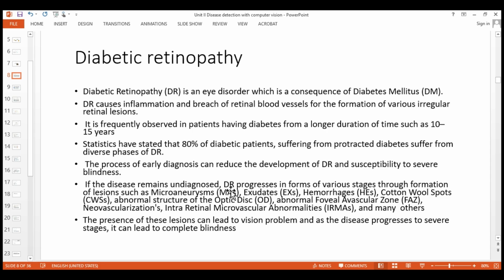Early diagnosis can reduce the development of DR and susceptibility to severe blindness. This is why we are placing more importance on diabetic retinopathy. The earlier it is detected, the better we can treat it so that the severity of the eye related disease at least doesn't progress.